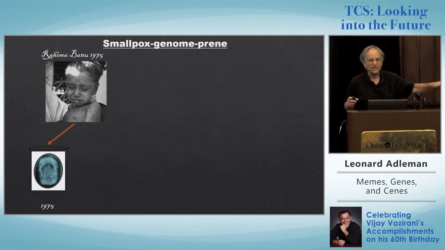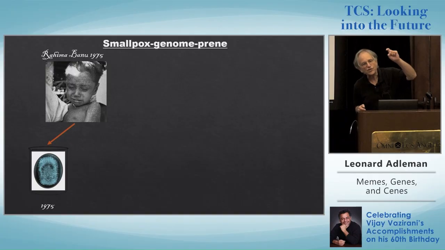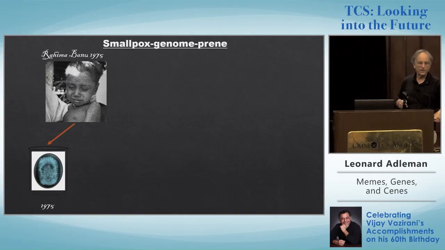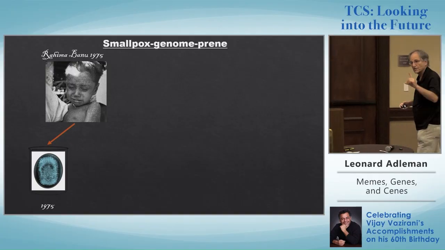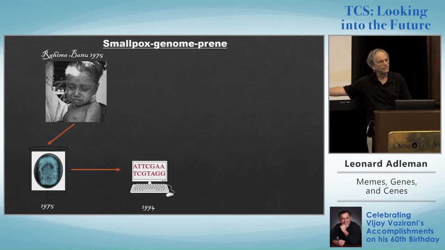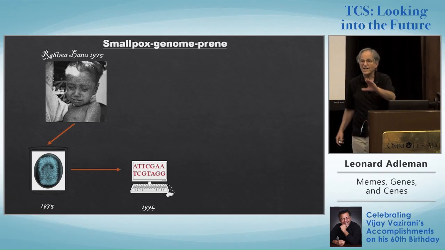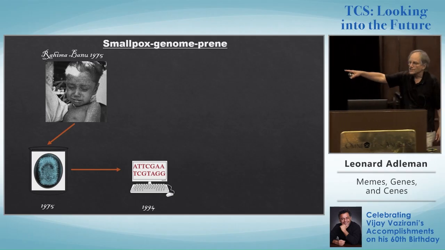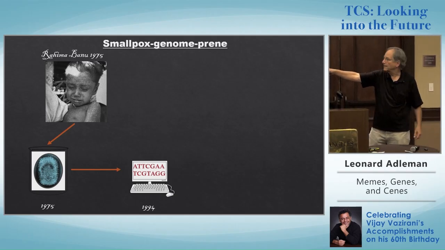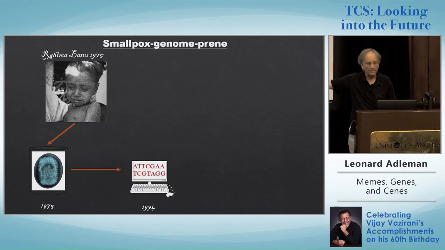Assume all those guys are eradicated, which many people advocate, right? Let's just get rid of them. Assume they got rid of them. You still have not eradicated smallpox, and here's why. In 1994, a team led by Craig Venter, he's the same guy who led the team to do the human genome, sequenced that genome.